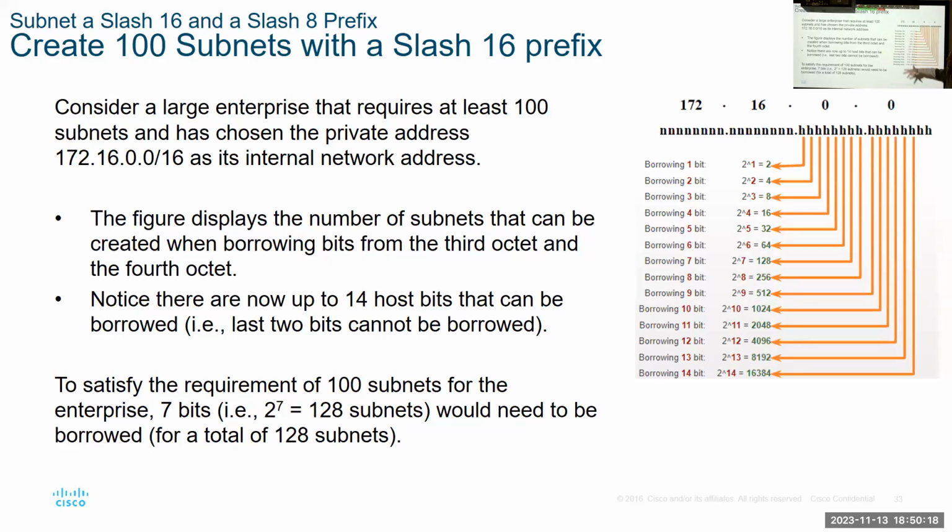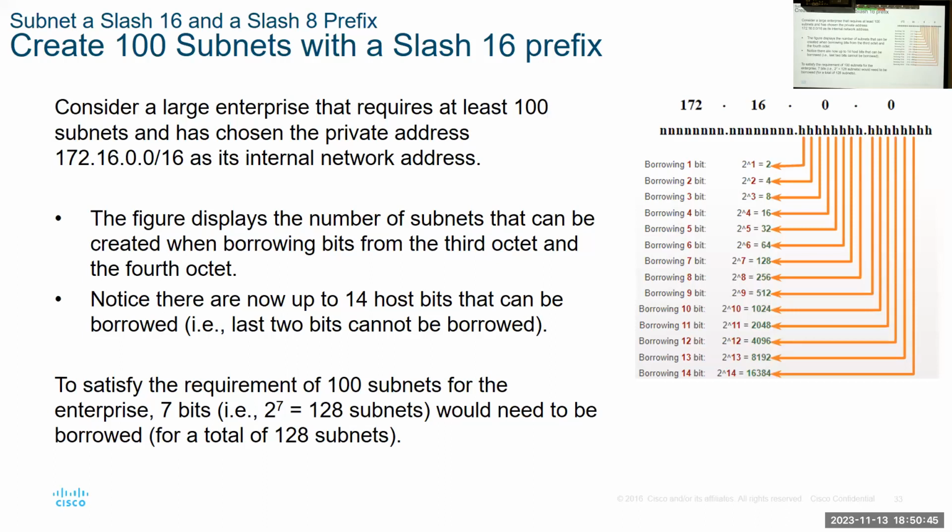So with the /23, how many host bits do you have left? 9. Yeah, 9. Because if 23 is your new prefix, you have 9 bits left. How many addresses does that give you? 2 to the 9th.